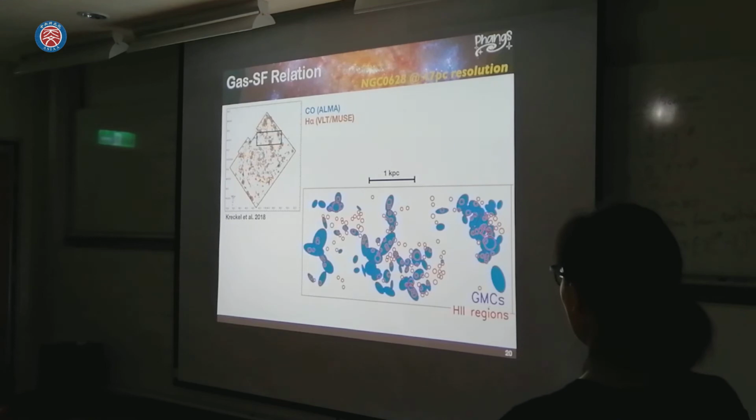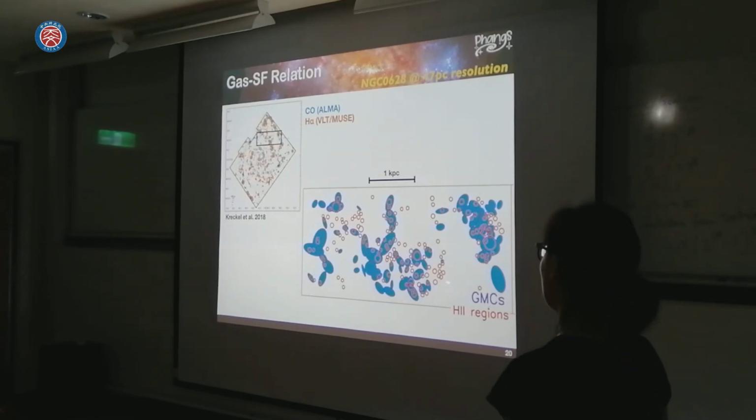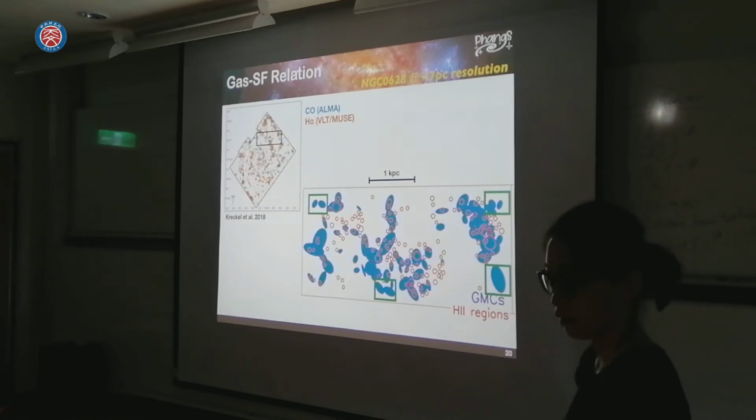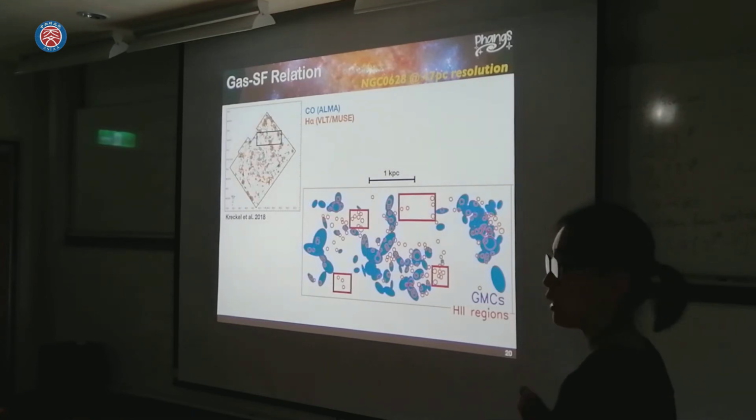And you can see there's no spatial correlation between molecular clouds and H2 regions at this resolution. There are some giant molecular clouds not associated with any H2 regions, so they are not forming stars somehow. And there are many H2 regions not associated with giant molecular clouds.